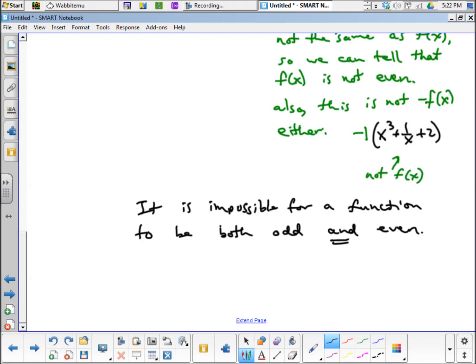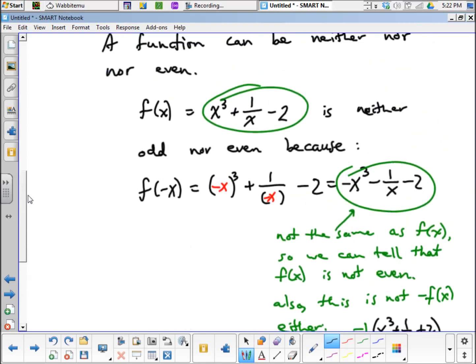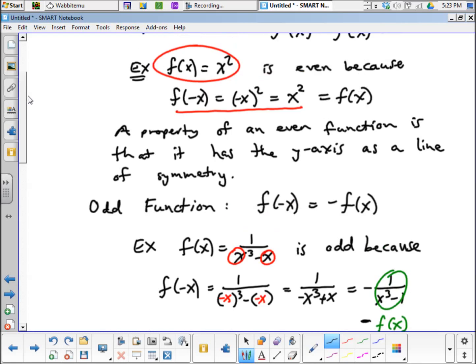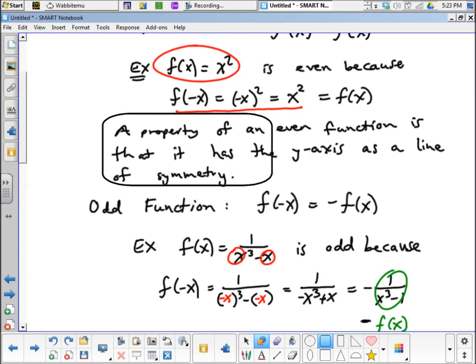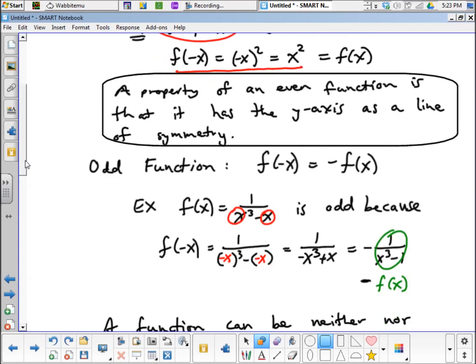Okay? And there's one more thing I did forget. Let's go back here. Do you remember I said here that a property of an even function, one of the many properties of an even function, is that it has the y-axis as a line of symmetry. There's a sentence we can write for odd functions also. I did forget to write it. We're going to need it later. So let's just put it in our notes. And we'll use it later.